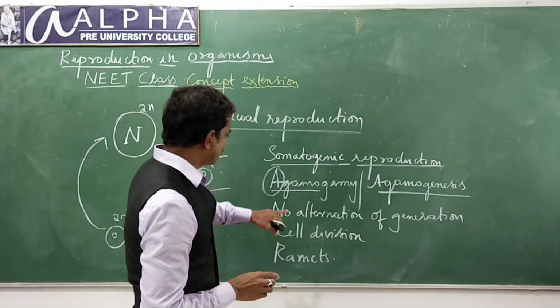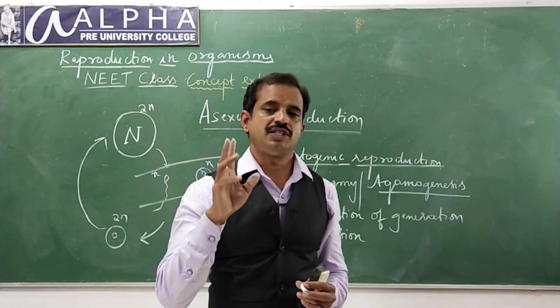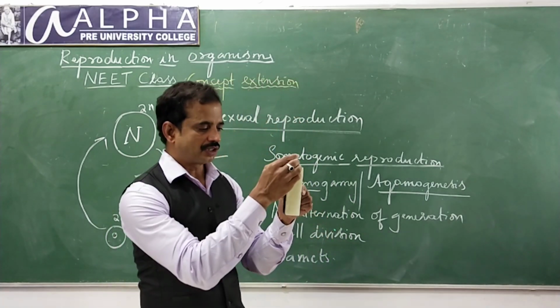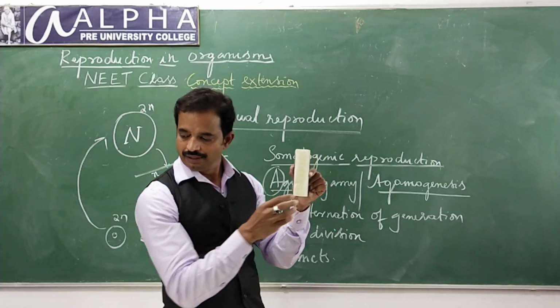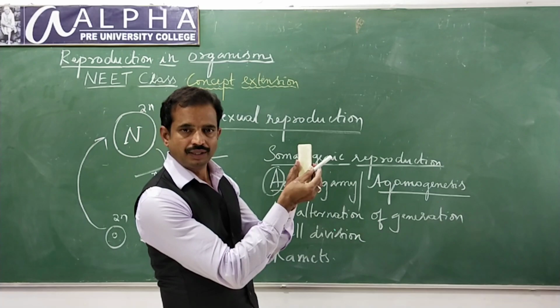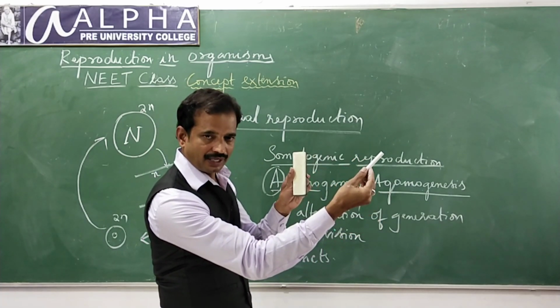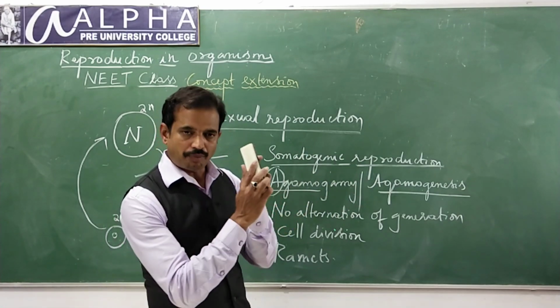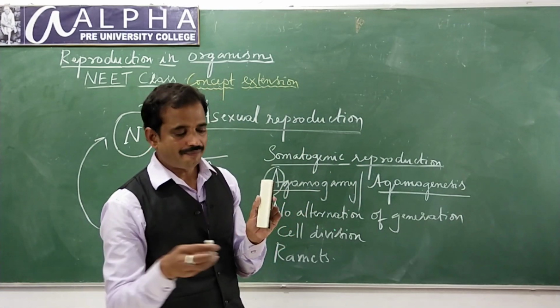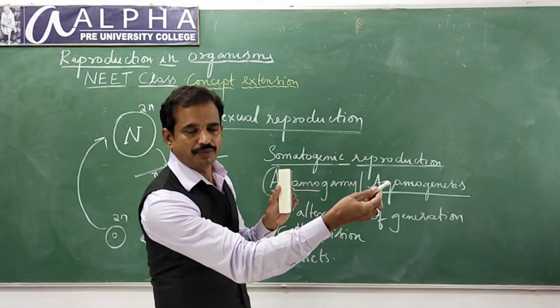Okay, in case of asexual reproduction, this alternation of generation is not seen. For example, if you consider this to be a diploid plant, this diploid plant will give rise to a projection, a bud, it will fall off and it is another diploid plant. Or if this is a haploid plant, the haploid plant will give rise to a bud, it may fall off and it will develop into a haploid plant.